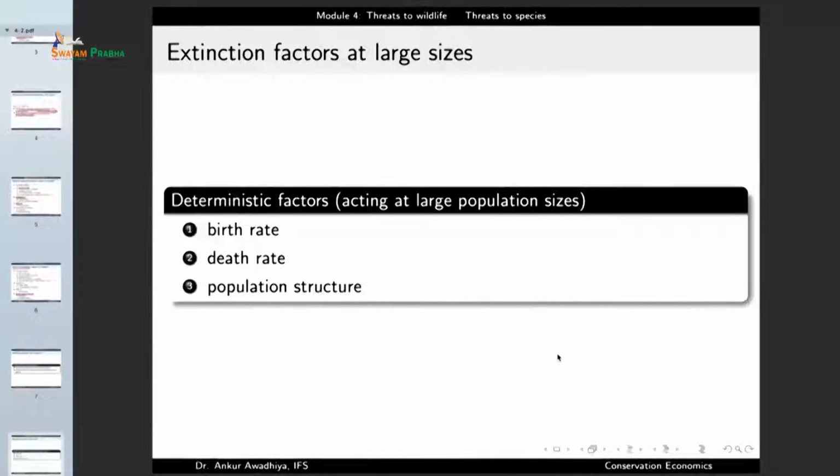So things like birth rate, death rate, population structure. Suppose your population is now comprising of individuals that are very old. So it is just a matter of time that the population will collapse, because these very old individuals will not be able to breed. So at all points of time, you need to have a population structure that comprises of certain young individuals, a number of mature individuals, and some old individuals.